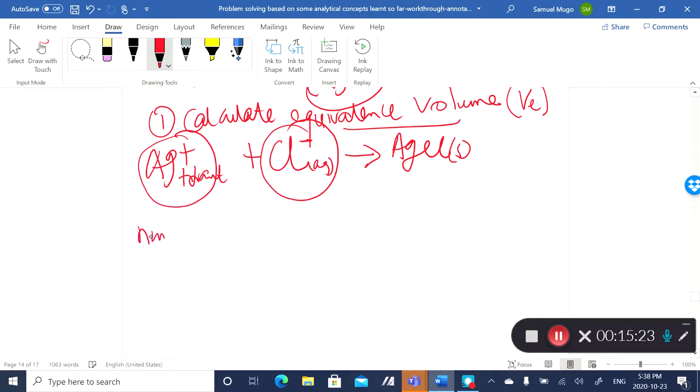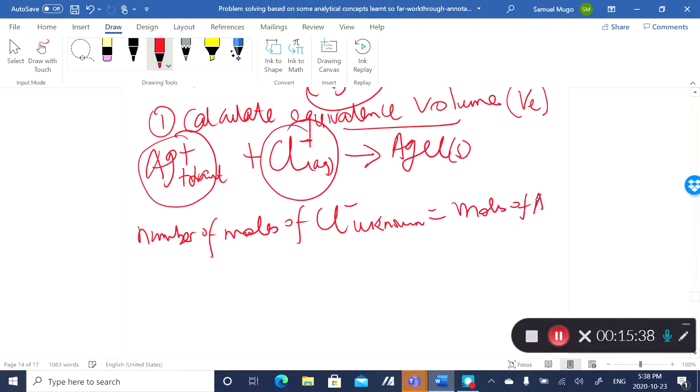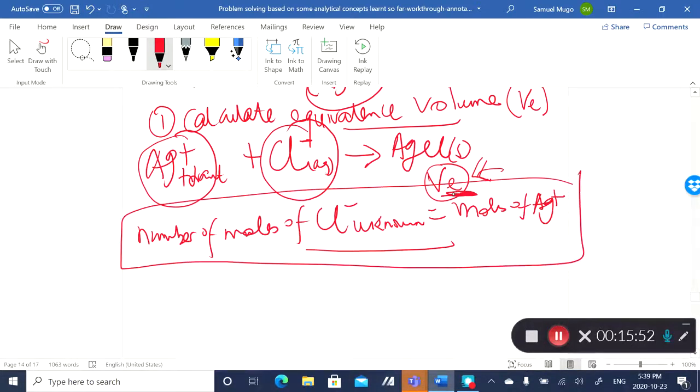Meaning the number of moles of chloride, which is the unknown, should be equal to the moles of the titrant. So that's what equivalence volume really means: the situation at which you've added enough volume of the titrant to satisfy this condition.